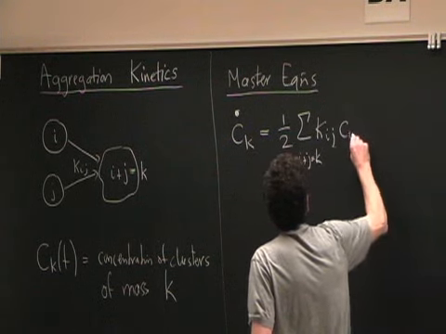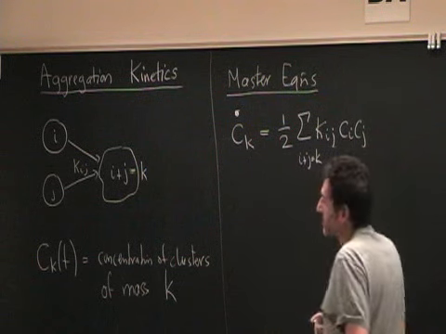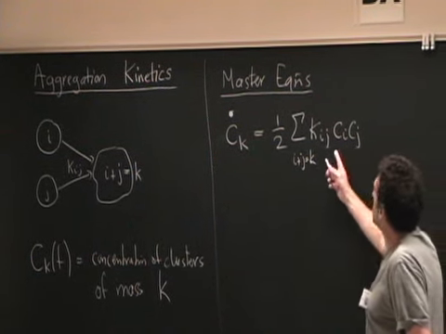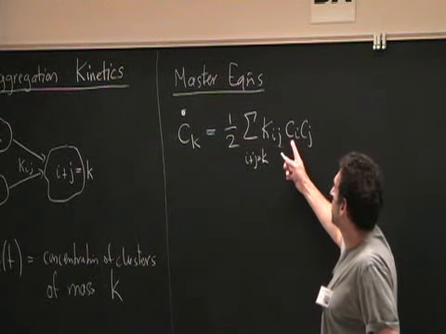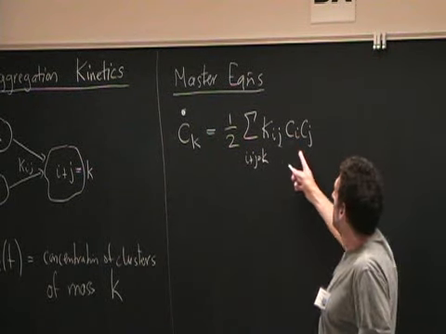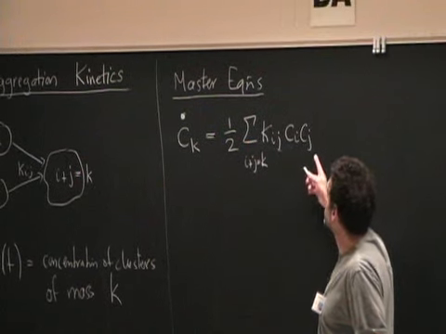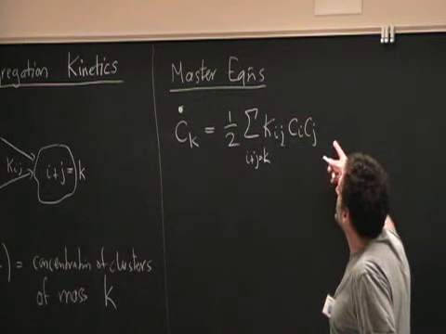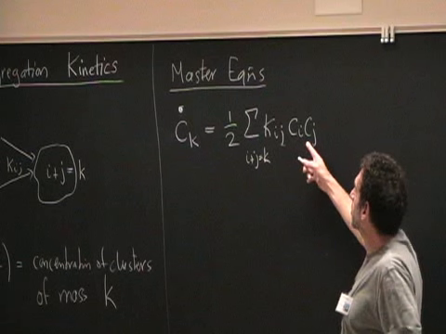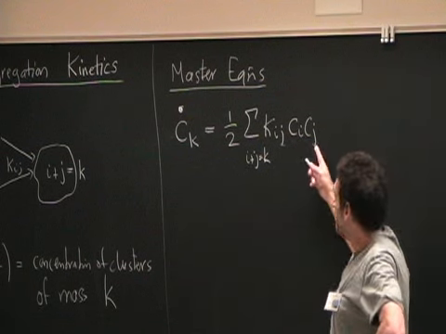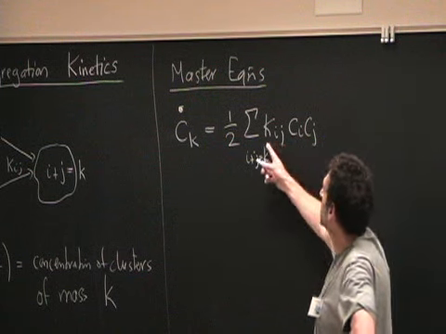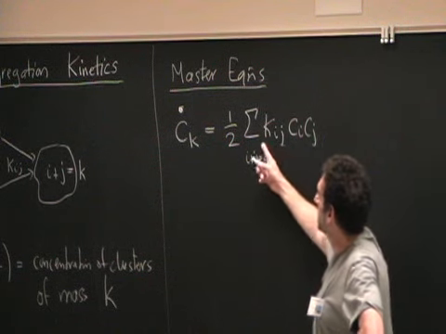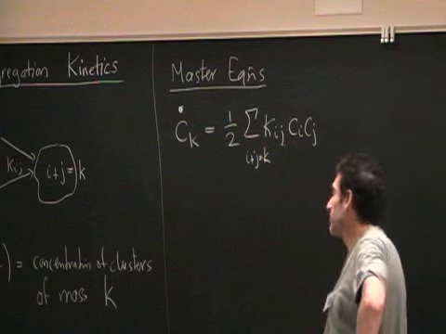And then in a mean field approximation that I'll spend more time discussing in a moment, the rate at which clusters of mass i and mass j meet is proportional to the concentration of clusters of mass i and the concentration of clusters of mass j. So this is already a mean field approximation because I'm assuming that the probability that such clusters meet is proportional to the product of the densities, and this is an overall conversion rate that once they meet, that they actually react to produce a cluster of mass k.